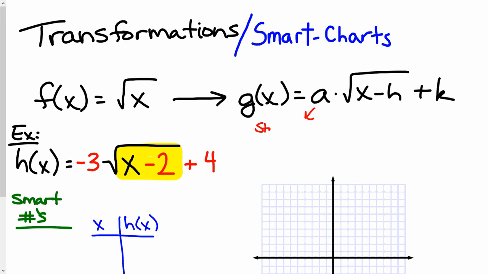It can stretch or shrink the graph. It can also reflect, okay? The value of it is going to be the stretch or shrink, okay? The sign of it is going to tell you whether it has been reflected over the x-axis or not.